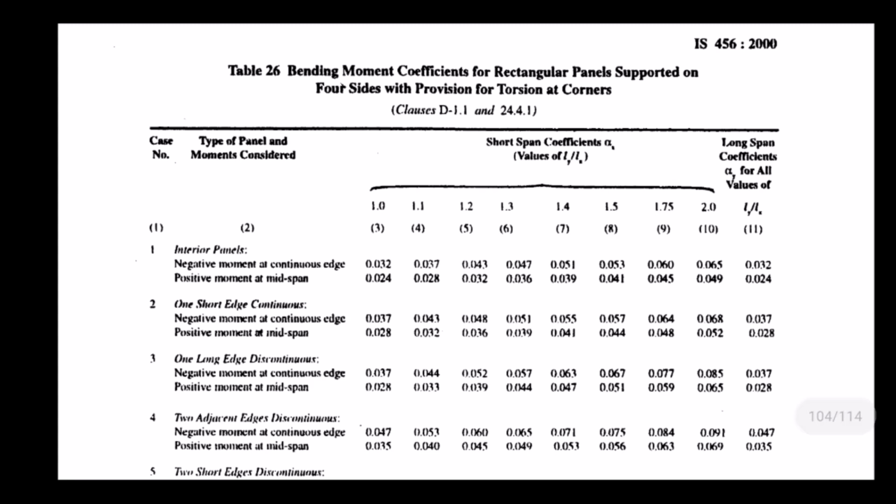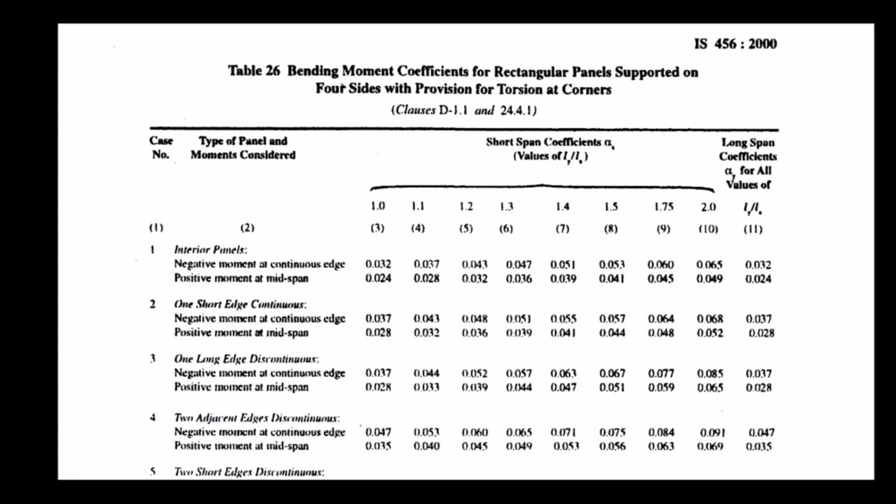Table number 26 gives bending moment coefficients for rectangular panels supported on 4 sides with provision for torsion at corners.